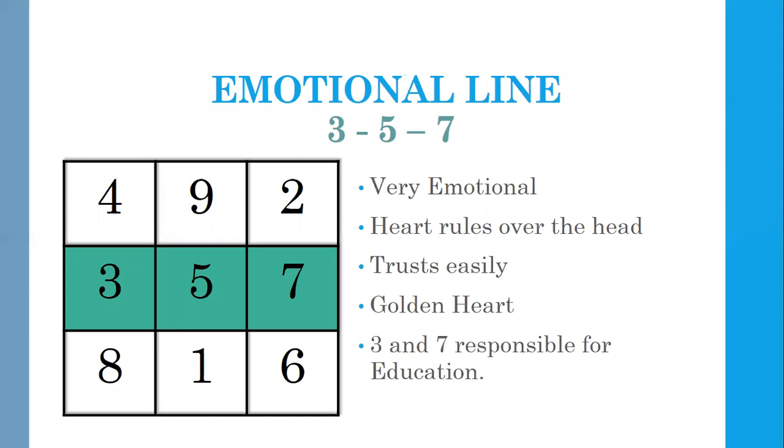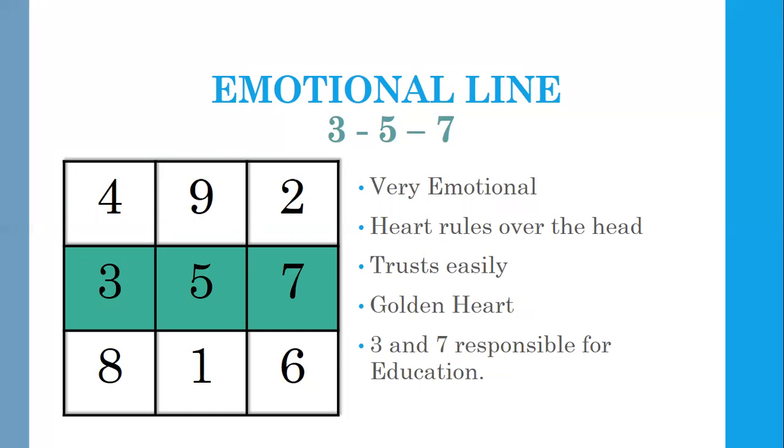The second line is the emotional line, that is 357. If you have all these 3 numbers in your Loshu grid, that means you are a very emotional person. Golden-hearted people easily trust anybody.